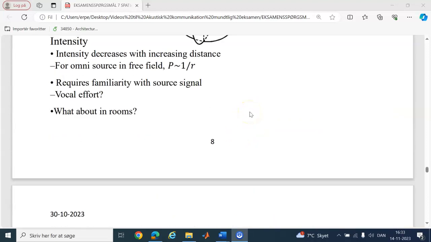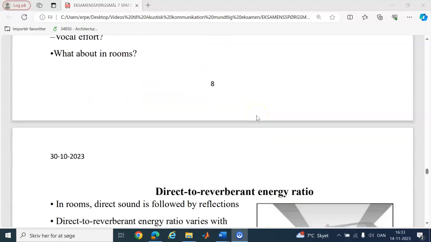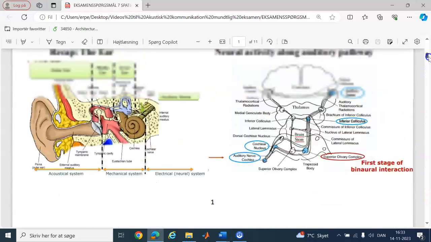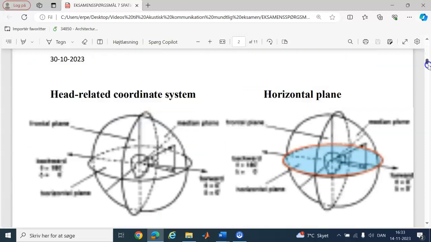It requires familiarity with source signals, vocal efforts. What about in rooms?